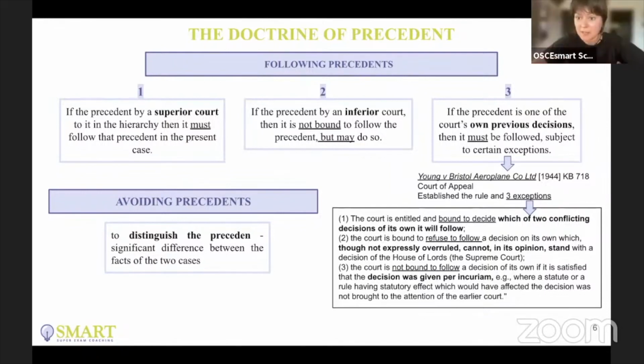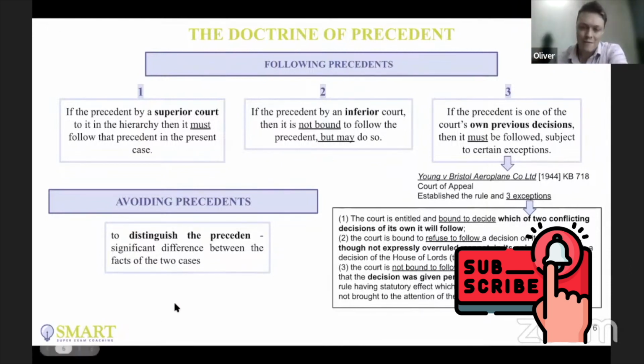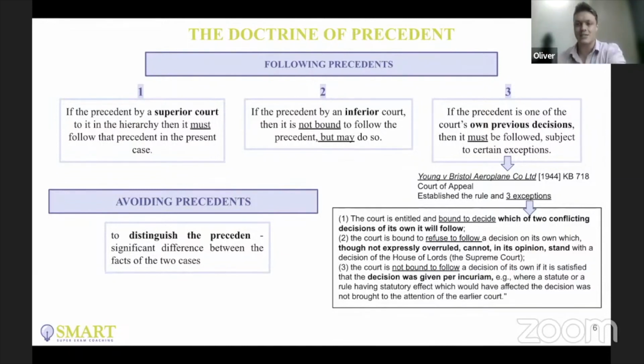Thank you very much. So if judges do not want to follow a particular decision, they still have some options, right? Limited options, yes. So if, for example, I was a judge making a decision in one of the lower courts, if I was in the Crown Court and there was a similar case that was heard in the Supreme Court, I would be bound to follow the decision made in the Supreme Court unless I could distinguish my case in some way.